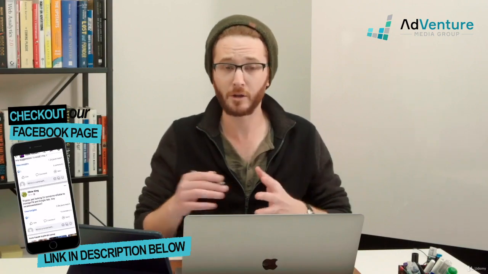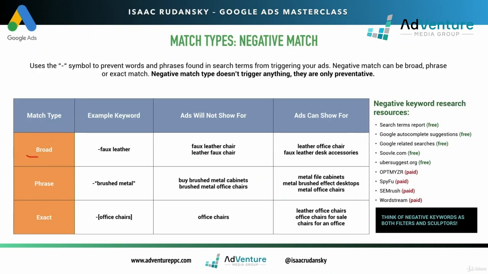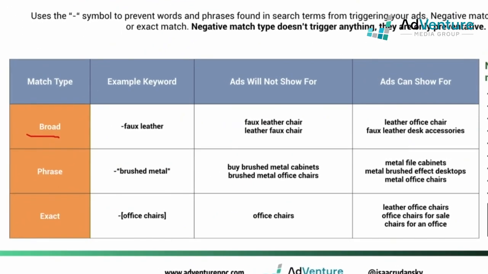So let's take a look at a few different negative keyword examples based on different match types and see how they would affect search terms from triggering our ads. So first, we'll take a look at a broad match example. And of course, broad match is just the negative and the keyword. And in the same way that broad match positive keywords include the most amount of potential search terms, negative broad excludes the most amount of potential search terms.